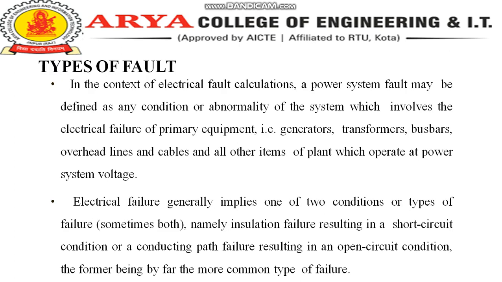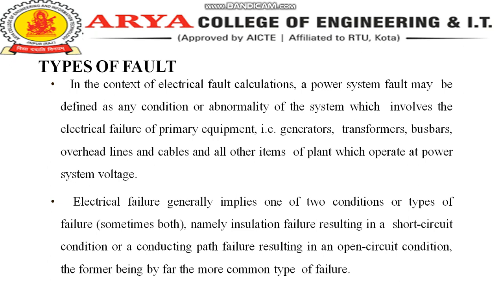Now in this slide we discuss the types of fault. In electrical fault calculation, a power system fault may be defined as any abnormality of the system which involves the electrical failure of primary equipment, that is generators, transformers, bus bars, overhead lines, cables, and all other items of plant which operate at power system voltage.